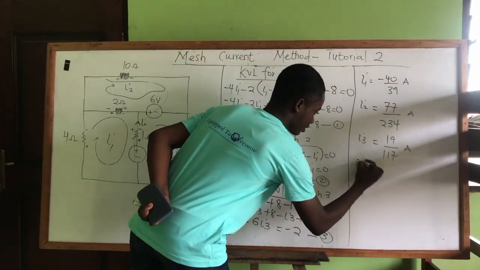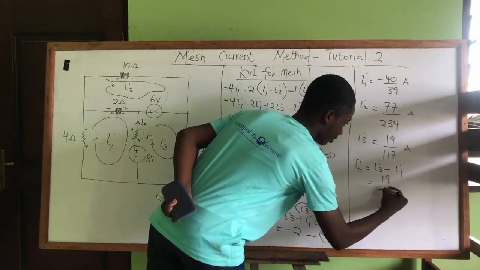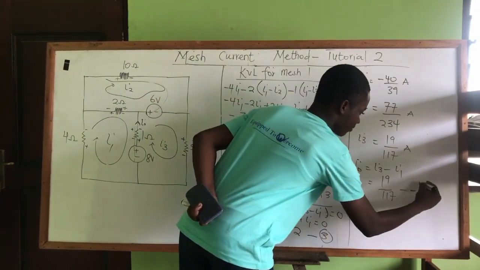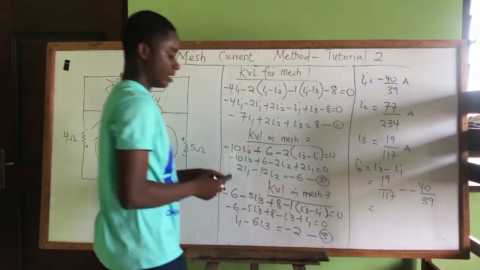So our I naught is I3 minus I1, which is 19 on 117 minus I1, which is minus 40 over 39.